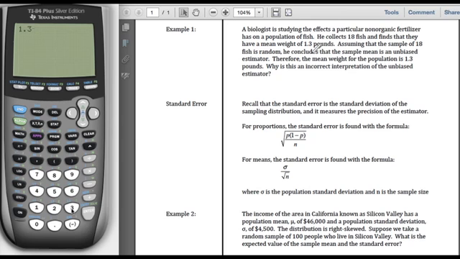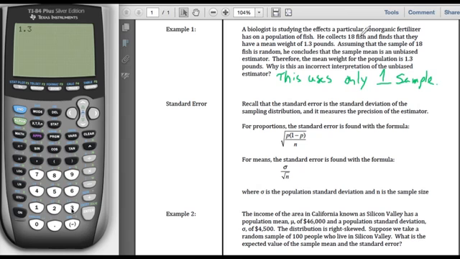We would take sample after sample after sample and average all of those sample means together to get our unbiased estimator. So this is an incorrect interpretation because this uses only one sample. And we need many samples in order to find the unbiased estimator.